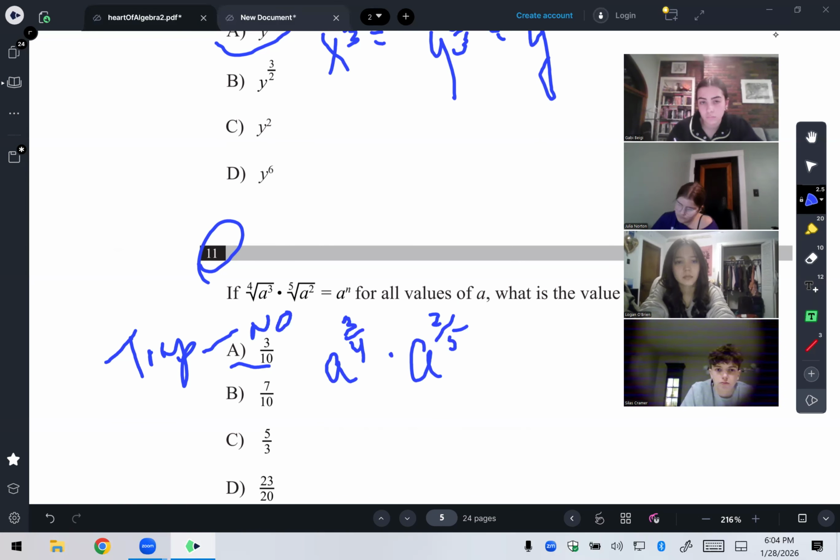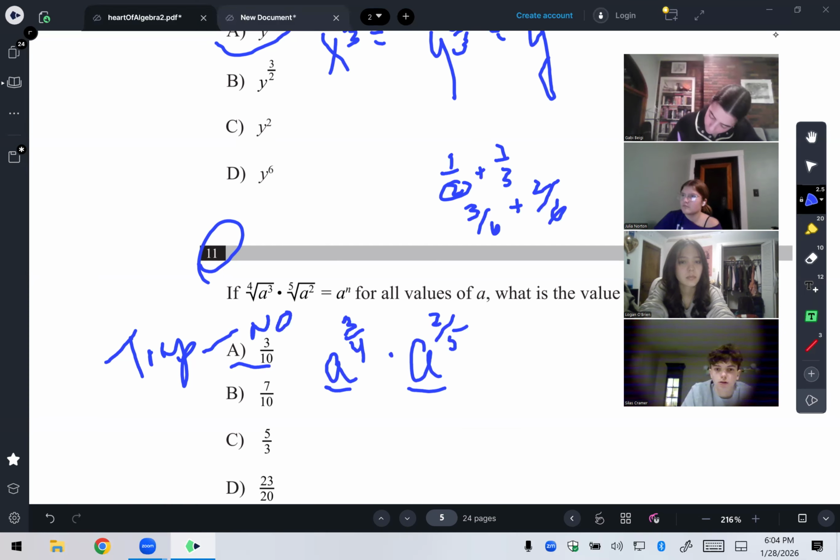Because when you add fractions, because I have the same base and I'm just adding the exponents, you need a common denominator. If I'm adding a half and a third, I have to get a common denominator, which would be 6. So here, the common denominator between 4 and 5 would be 20. This would definitely be an end zone problem. So I multiply this by 5, I multiply this by 5.